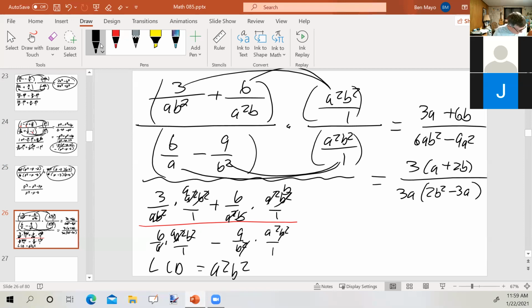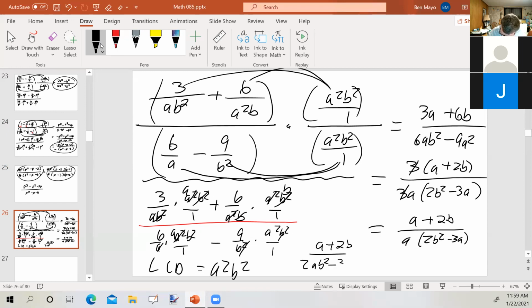But all that allows me to do is to get rid of a 3. So I've got a plus 2b over a times 2b squared minus 3a, or you could distribute that a in the bottom and have a plus 2b over 2a squared b minus 3a squared.